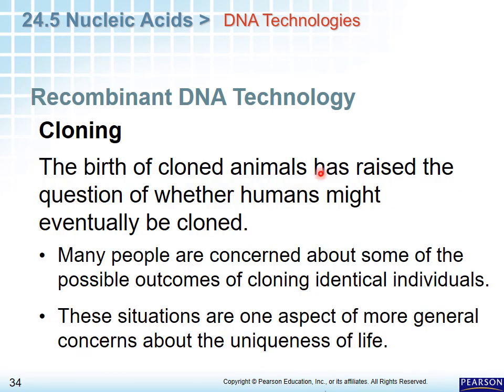The birth of cloned animals has raised the question of whether humans might eventually be cloned. Many people are concerned about some of the possible outcomes of cloning identical individuals. These situations are one aspect of the more general concern about the uniqueness of life. That's why it's unethical at the moment, and it's banned.